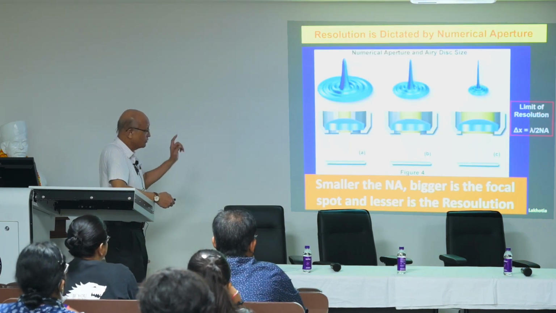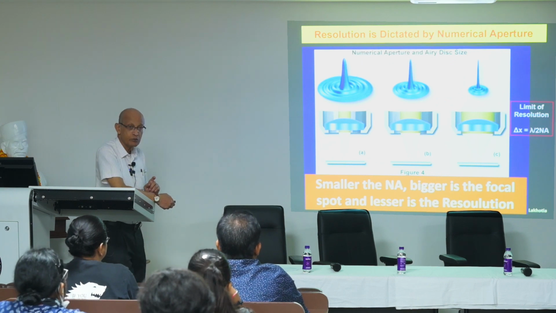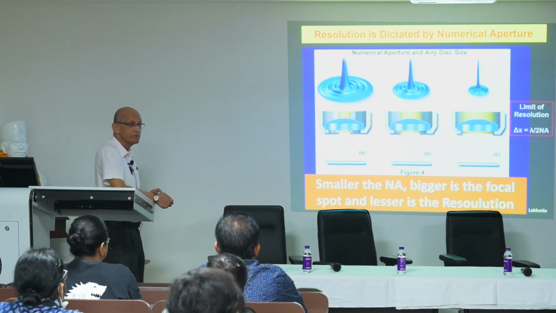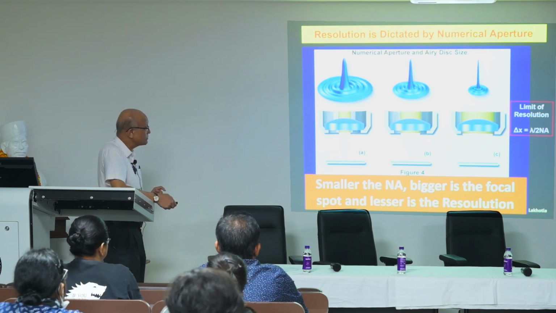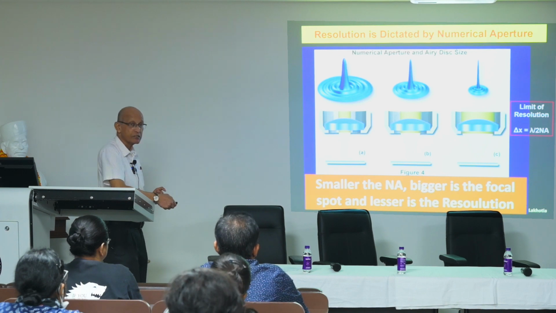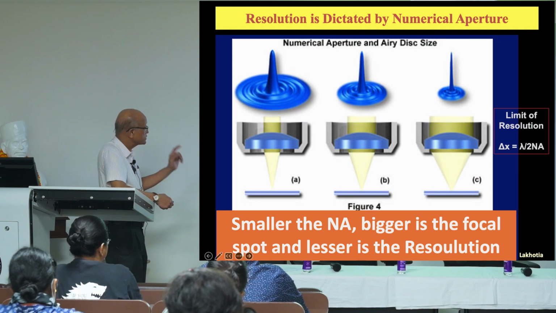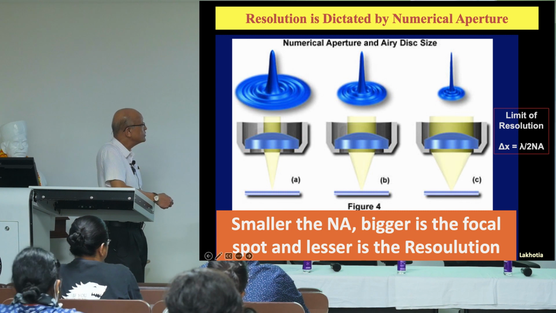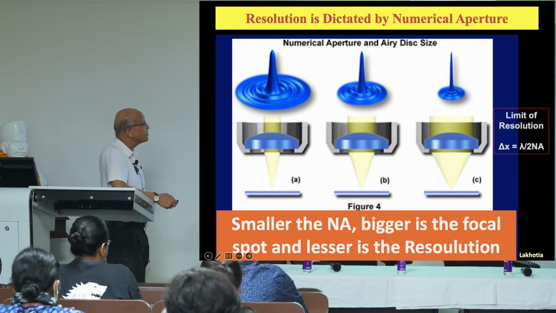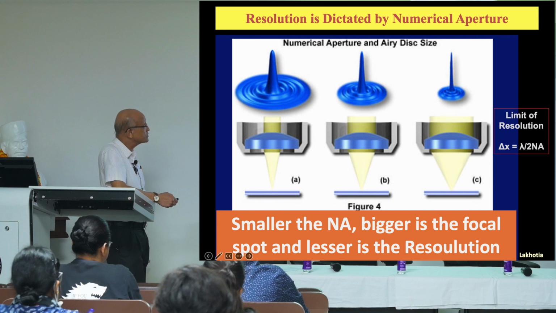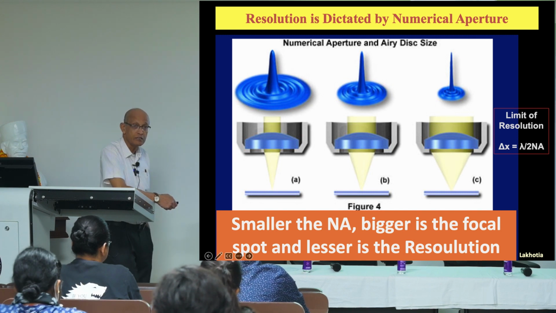Depending upon the numerical aperture of the lens, this angle is what we call the theta angle. If the numerical aperture is larger, the theta angle is larger. So with different numerical apertures, the Airy disk size is larger when the angle theta is smaller, and smaller when the angle theta is larger.